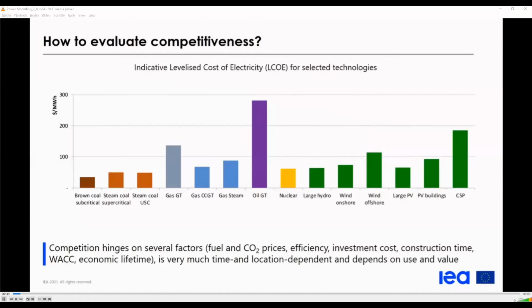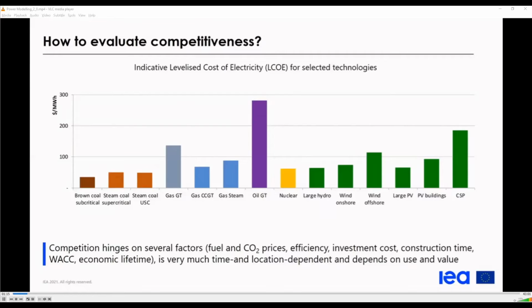So competition depends on several factors, of course, cost components, but also when the plant is used, the time of use, and where. For example, if there is a grid congestion in the specific location. And it also depends on the value side of things, the value of electricity generated, and prices, of course, which could be higher generally at peak demand time.